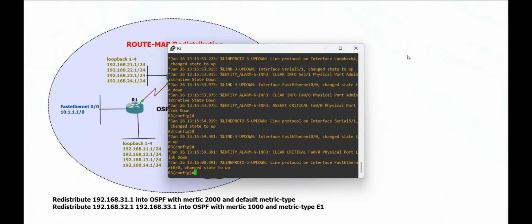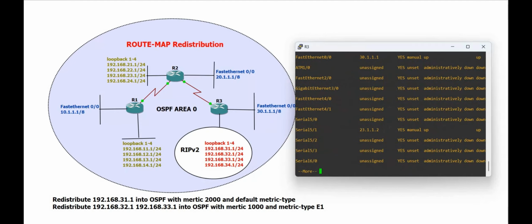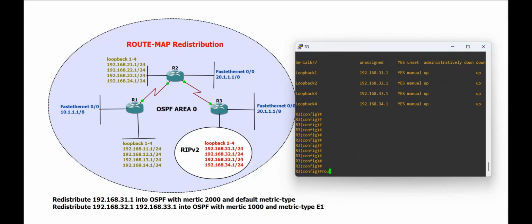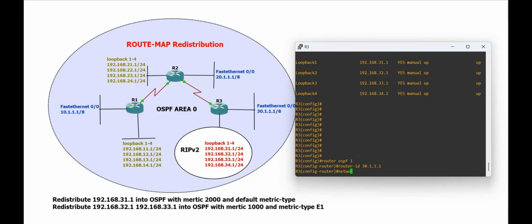Let's verify the IP address is configured correctly. All the ports are up. Interface brief. Okay, up, and the loopbacks. So router OSPF 1 and the router ID is 30.1.1.1, and we give the network 23.0.0.0 and 0.255.255.255, area 0.